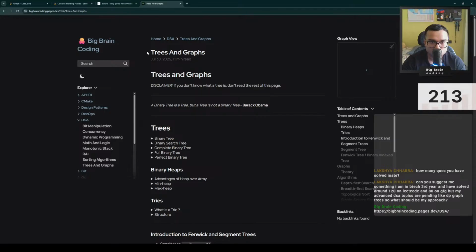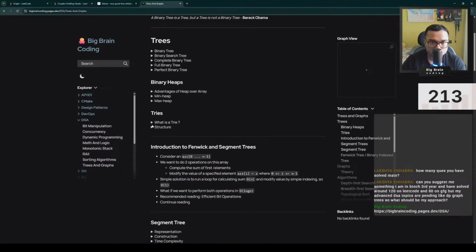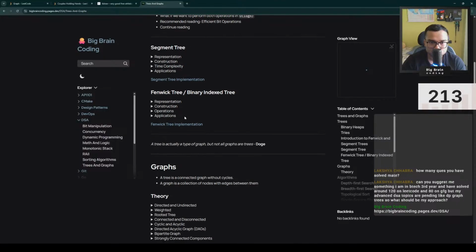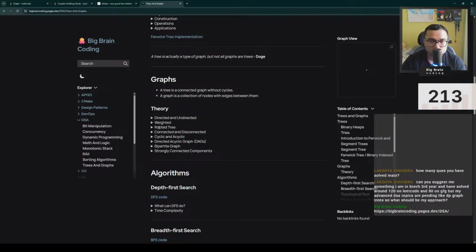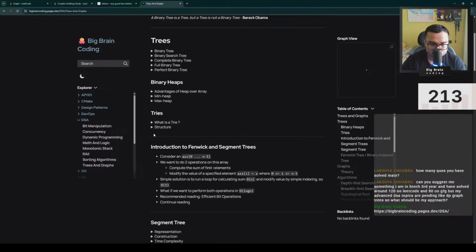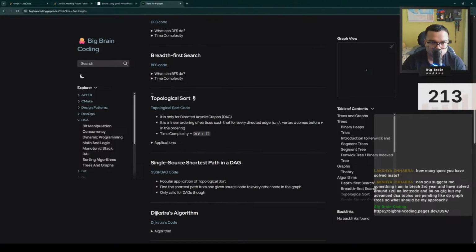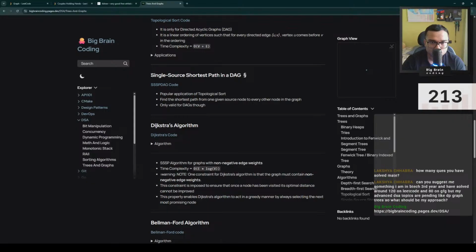If you click, let's say, trees and graphs, you will see all kinds of trees and their definitions, what makes them different from each other, and some properties. Segment tree, Fenwick, you can skip these first. You can first simply go through the basics. DFS, BFS, their time complexity, topological sort is also basic.